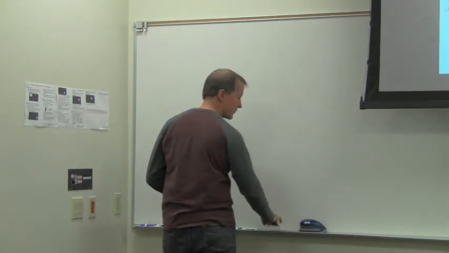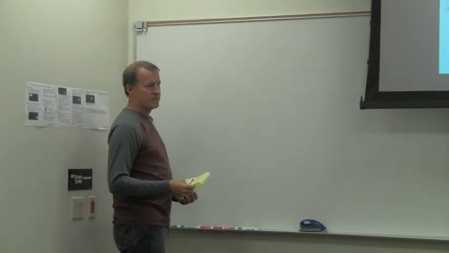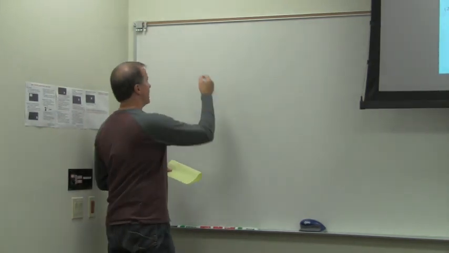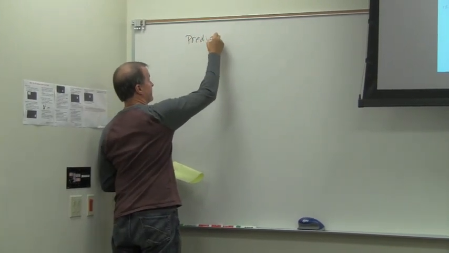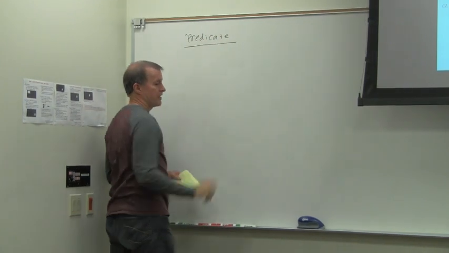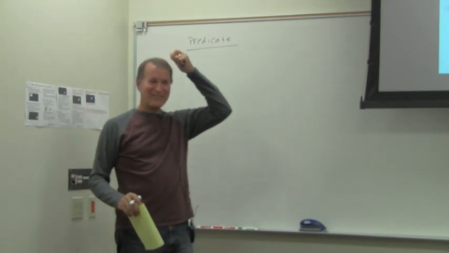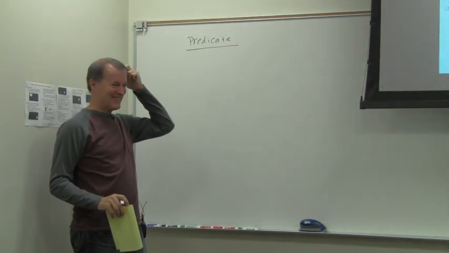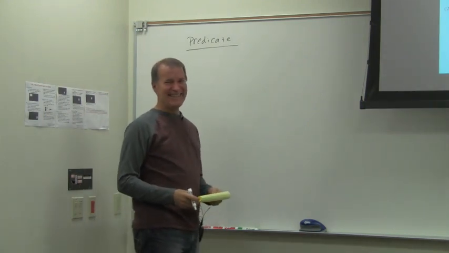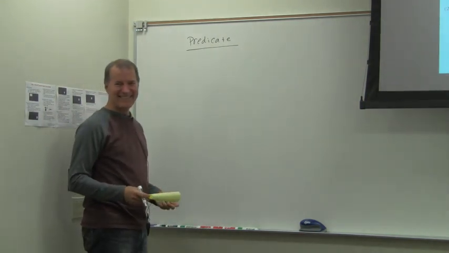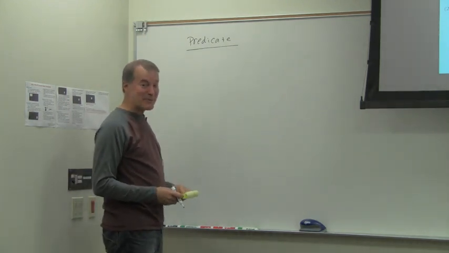Now, the next thing I'm going to write down is not in the book quite this way, but we're going to need this concept later, so we might as well introduce it now. This is a piece of vocab that's not in the book yet. It's called a predicate. I'm going to be asking you this many, many times. Do you remember what a predicate is?